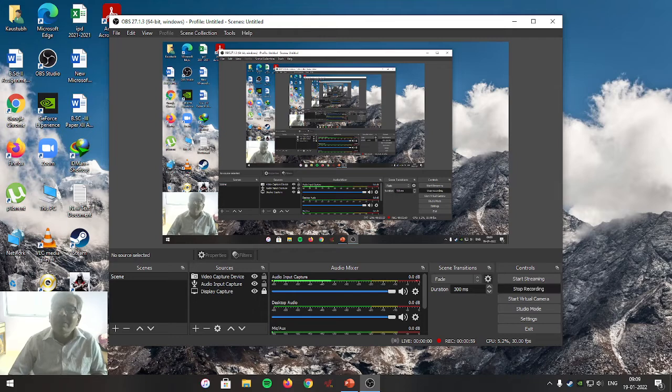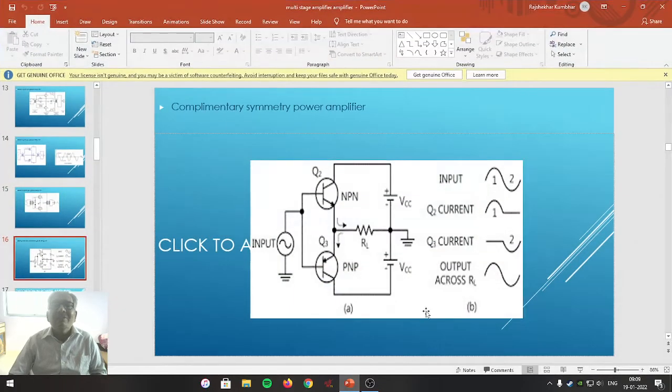Friends, now we are simplifying these push-pull power amplifiers by using another aspect, and that aspect we can call the complementary symmetry type of power amplifier.